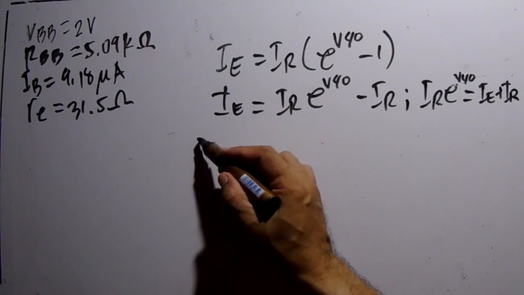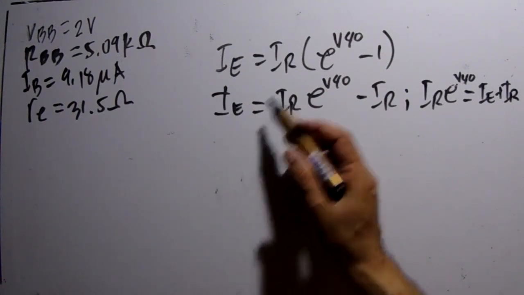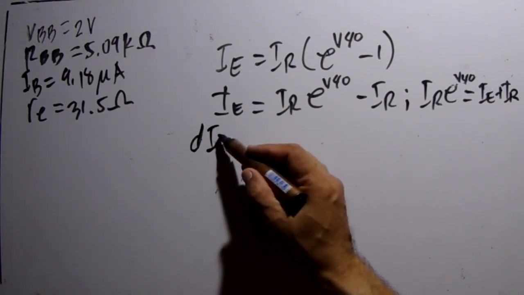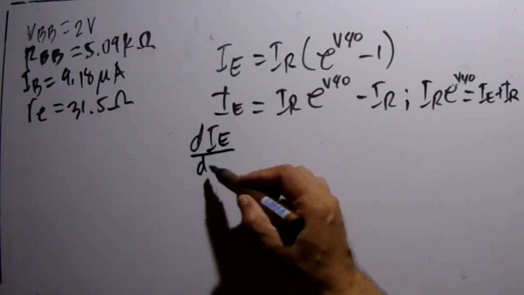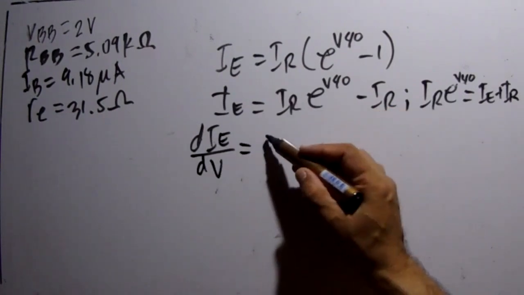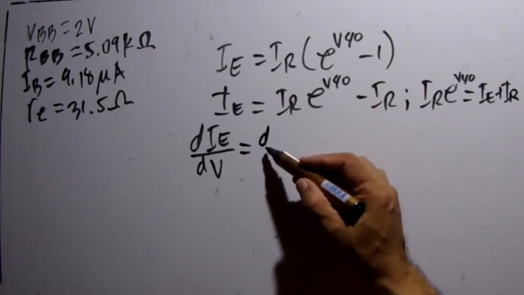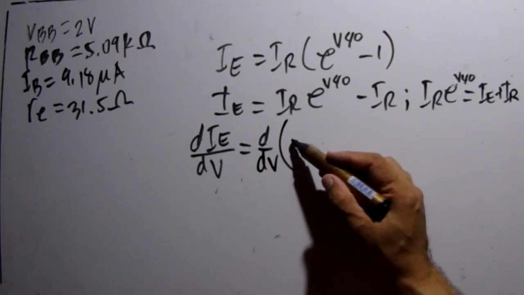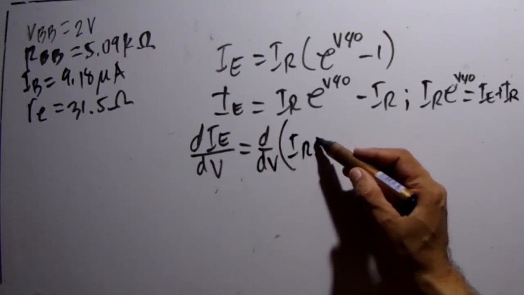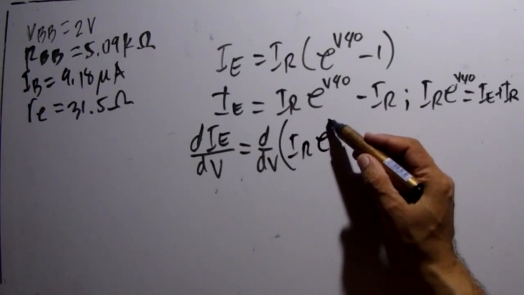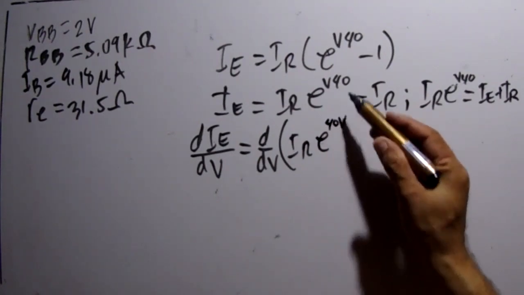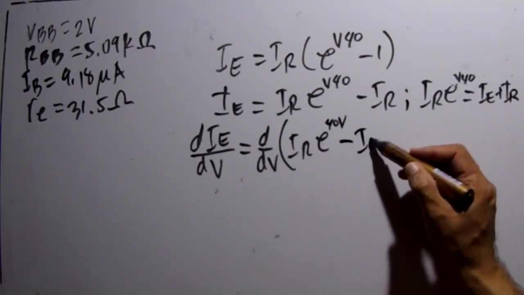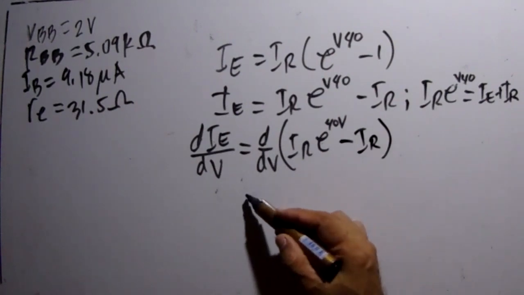If we differentiate IE with respect to V, we have the derivative of IE with respect to V. We can have the derivative of this function with respect to V, IR e raised to 40V, minus IR.